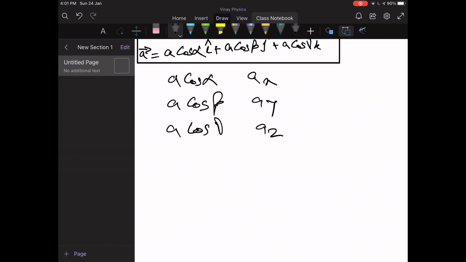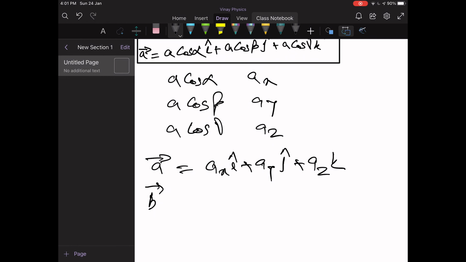Then we have a vector A, which is Ax i plus Ay j plus Az k, and another vector B, which is Bx i plus By j plus Bz k.